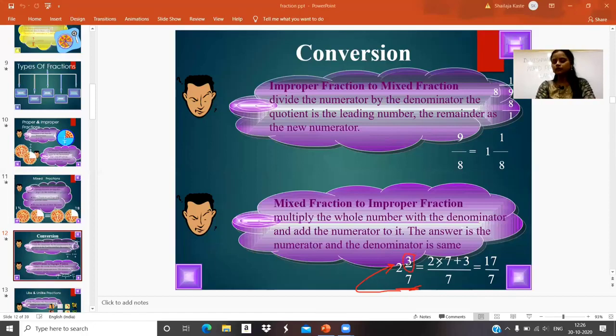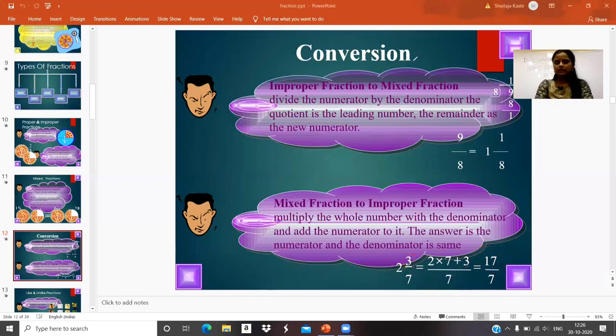So your answer would be 2 multiplied by 7 plus the numerator 3, and the denominator will be kept as it is. The 7 would be as it is. So your answer would be 7 2s are 14 plus 3, that will make 17, and the denominator will be 7. So this is the procedure of getting an improper fraction from the mixed fraction.